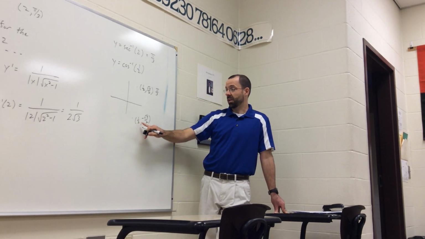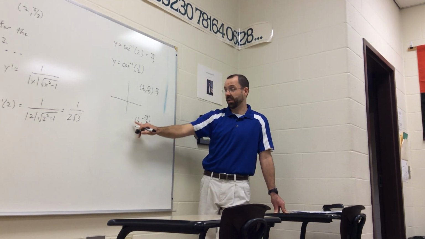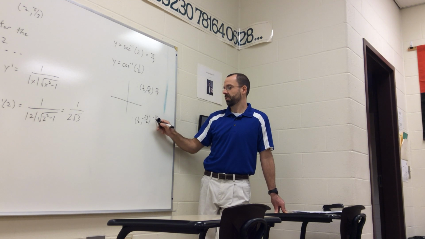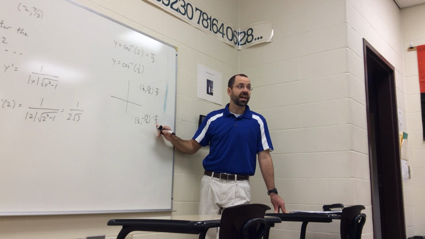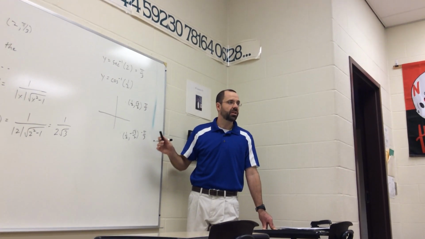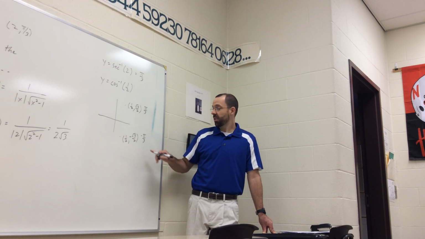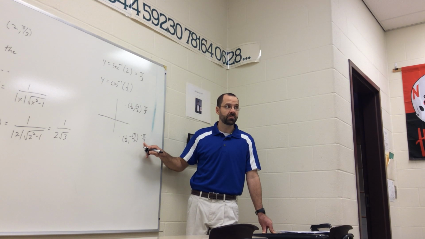So the cosine of this angle is also a half, and that's negative pi over 6. Or sorry, negative pi over 3. So you're exactly right. If I say out loud, what is the angle that has a cosine of a half? This is an answer as well.